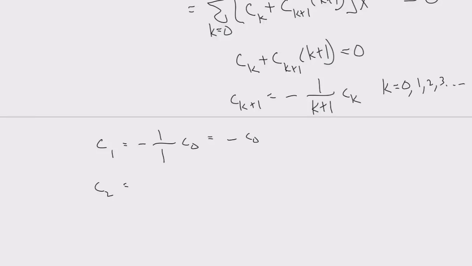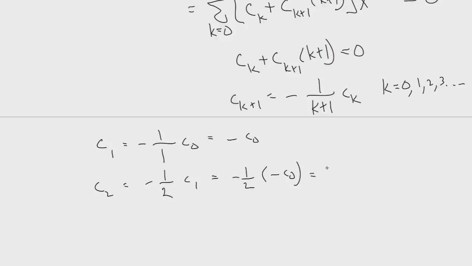What would c2 look like? That would be negative 1 half c1, which is negative 1 half times negative c0.